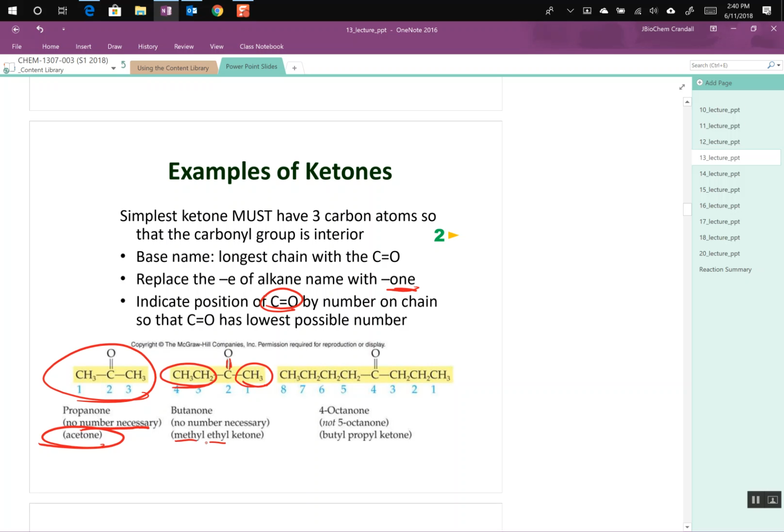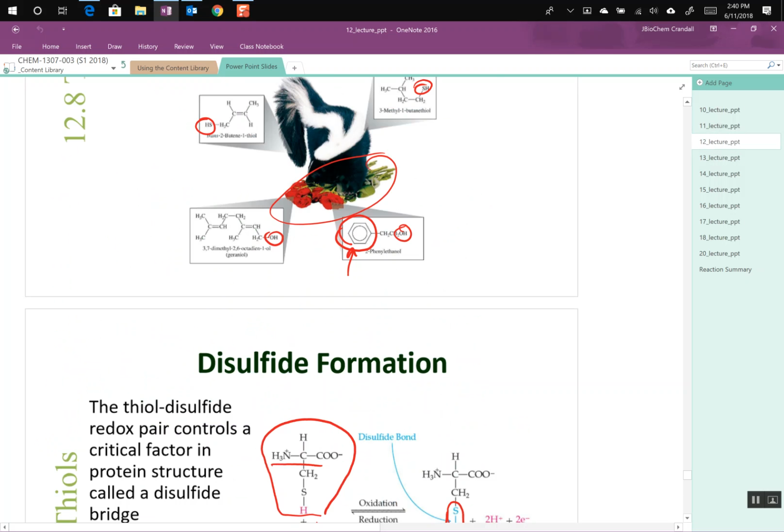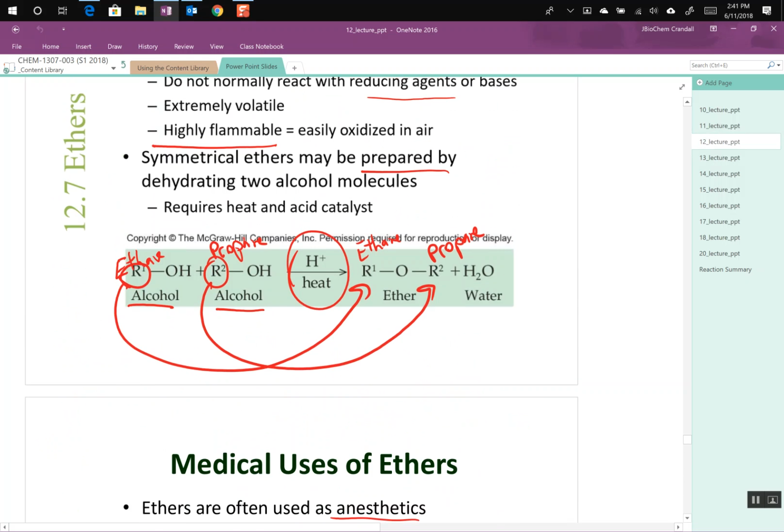And so it's methyl ethyl ketone. That mimics very well how you named ethers. When you go back and look at how to name those ethers, it's very much like that.